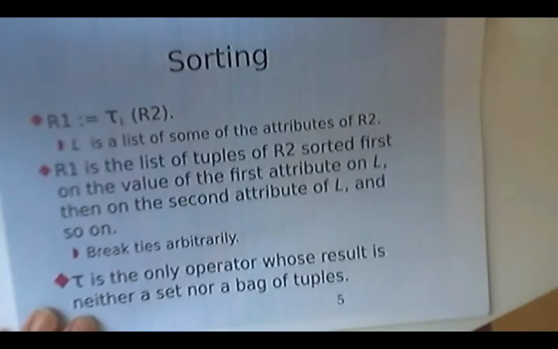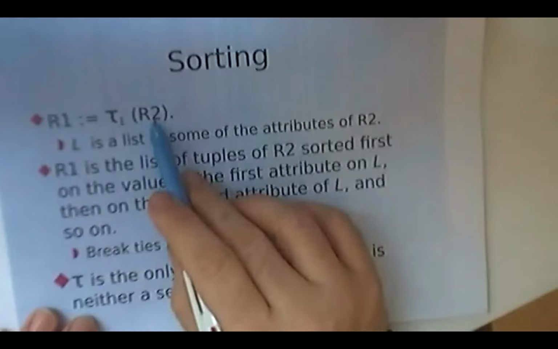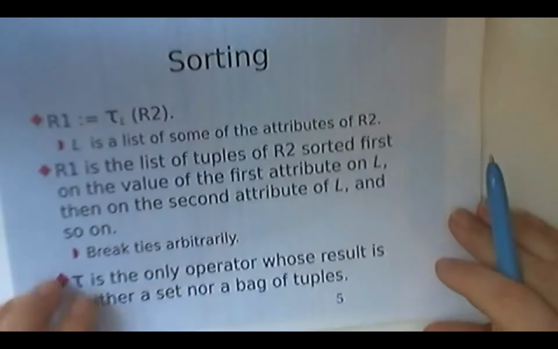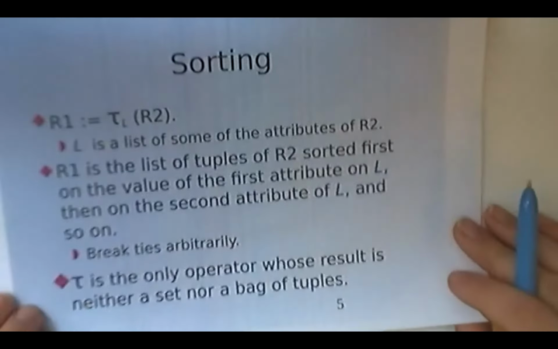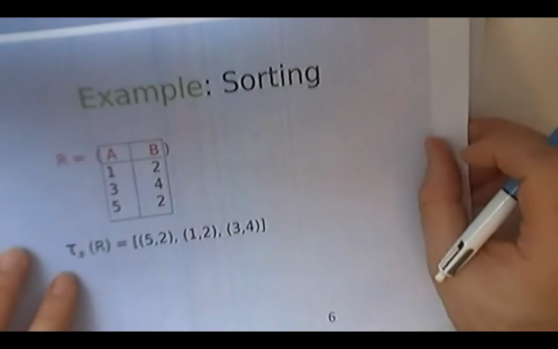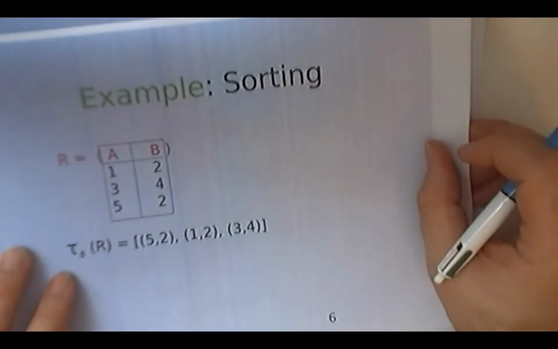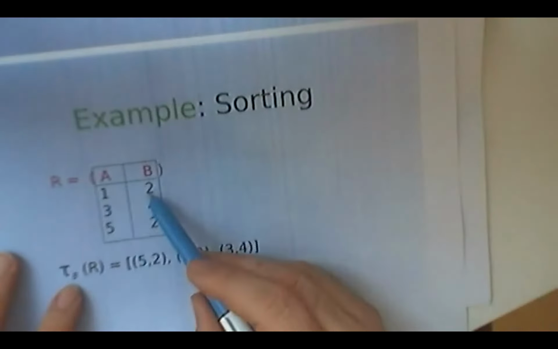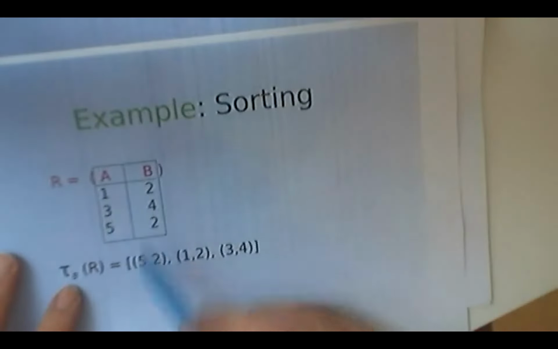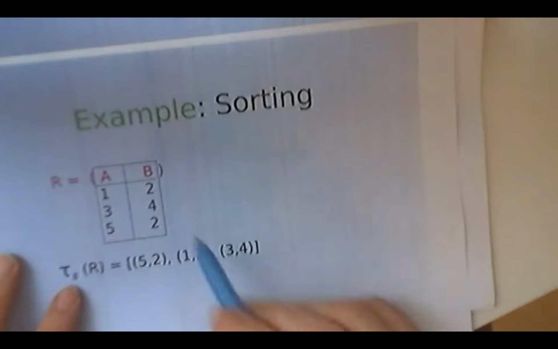Sorting is done with the tau. You list a set of attributes of R here in the tau operator, and it's going to break the ties arbitrarily. The result is neither a bag nor a relation, it's a sorted relation. So here's R, with tuples 1, 2, 3, 4, 5, 2.